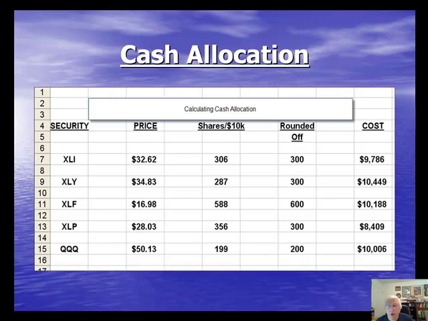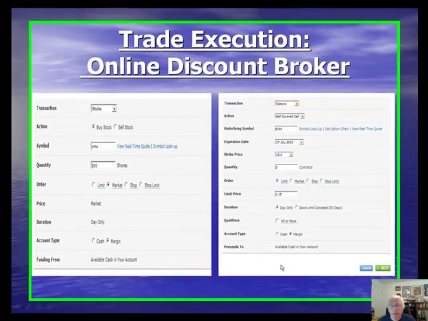Now, since we need 100 shares per contract, we have to round that down or up to the nearest 100. So, for example, 306 is rounded down to 300. 588 is rounded up to 600. And that will dictate how many shares we're going to buy and how many contracts we're going to sell.